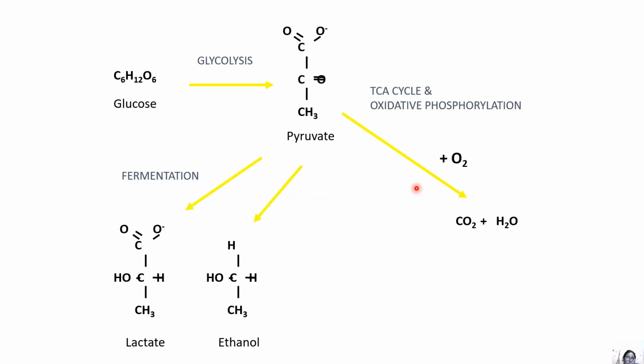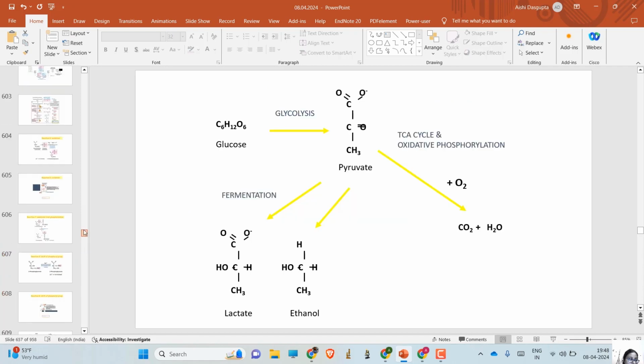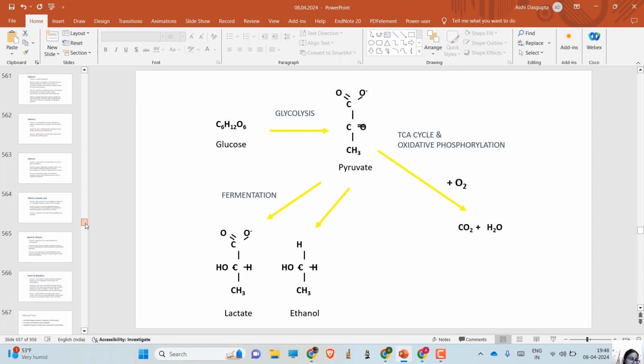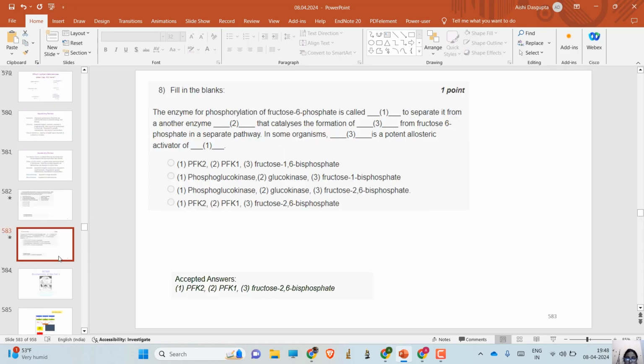So that brings us to the end of the question that we started with. If we go back to the question, the enzyme for phosphorylation of fructose 6-phosphate is called PFK1 to separate it from another enzyme, PFK2, that catalyzes the formation of fructose 2,6-bisphosphate from fructose 6-phosphate in a separate pathway.